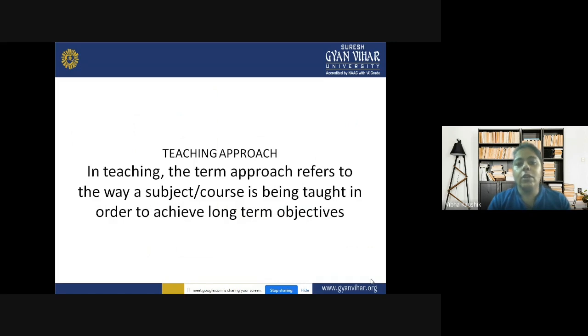Means when we are talking about the teaching approach in the context of teaching, the term approach refers to the way a subject course is being taught, the way we are teaching a particular subject or course, in order to achieve the long-term objectives of that particular subject or course.